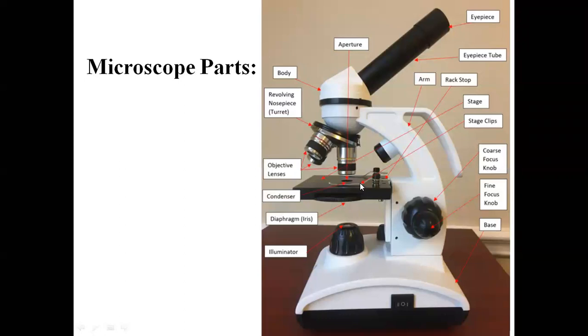But the advantage of this moving stage is, suppose you have kept your slide here and given the stage clips, that means the sample is now fixed on the stage. So now you don't need to touch the slide or the stage.